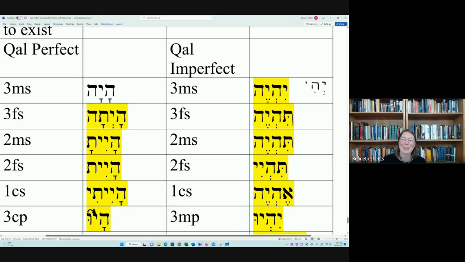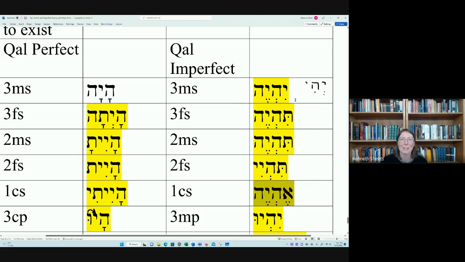But yes, so yihya and ehya, the name of our Lord, where he said to Moses, ehya asher ehya, I exist. The one exists who exists. So that would be here, you can see the qal imperfect, first common singular, ehya, and so thus he was saying, I am existing, imperfect, incomplete action.